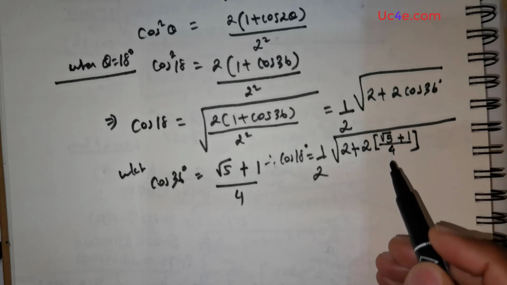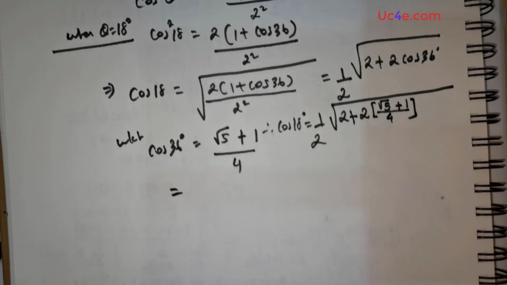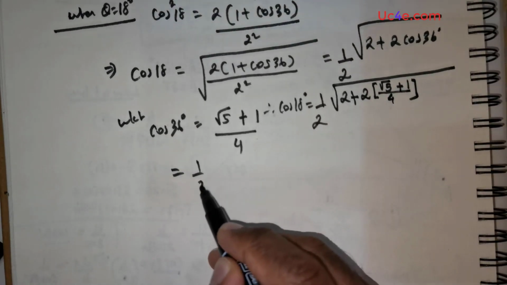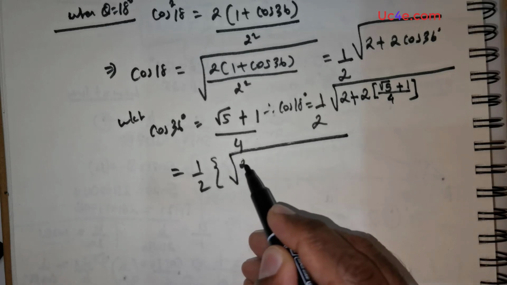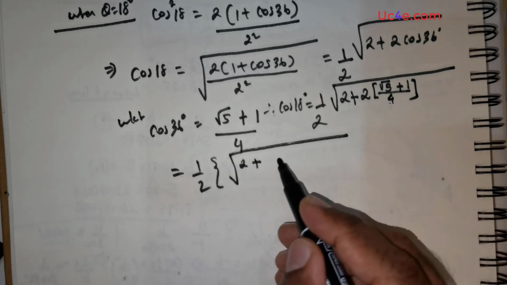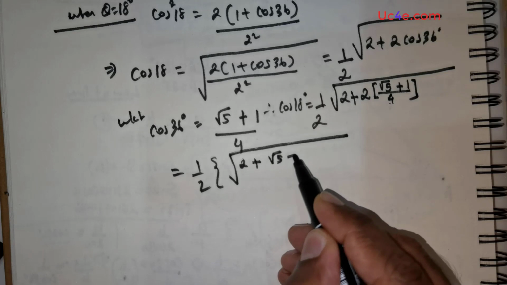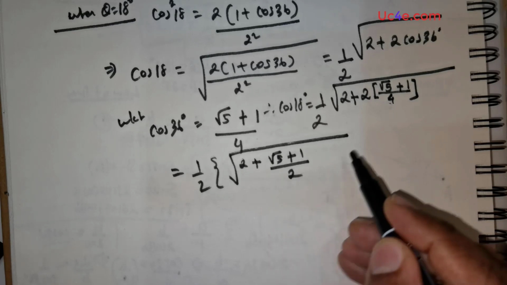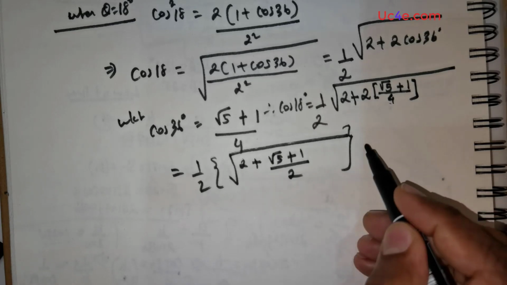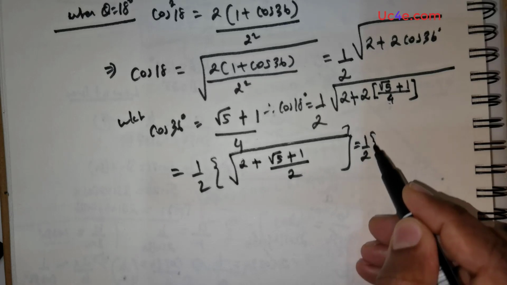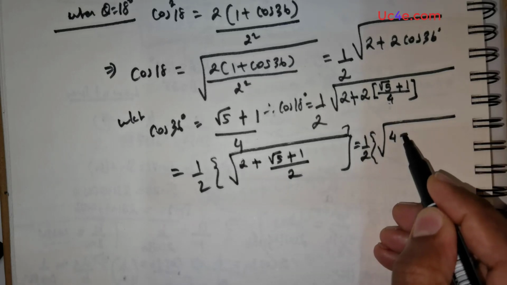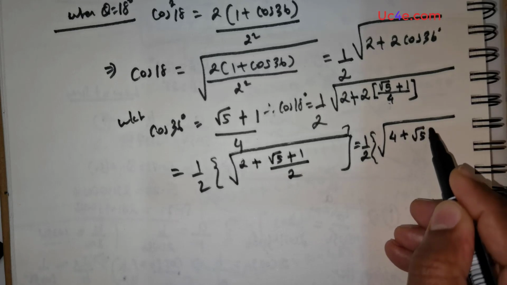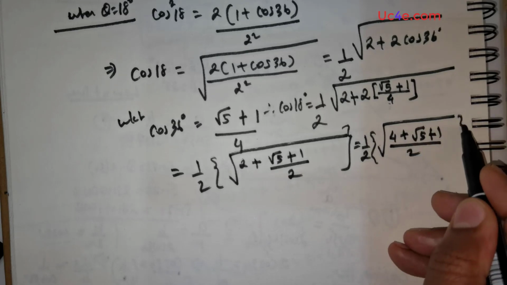So 2 divides 4 two times, so this is equal to 1 over 2 times the square root of 2 plus root 5 plus 1 divided by 2. Now take the LCM. It's going to be 1 over 2 times the square root of 2 into 2 is 4 plus root 5 plus 1 divided by 2.